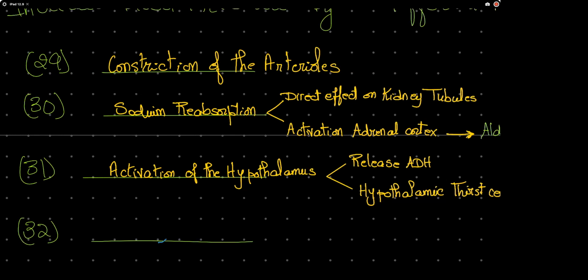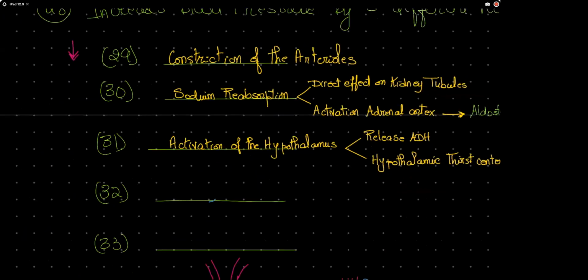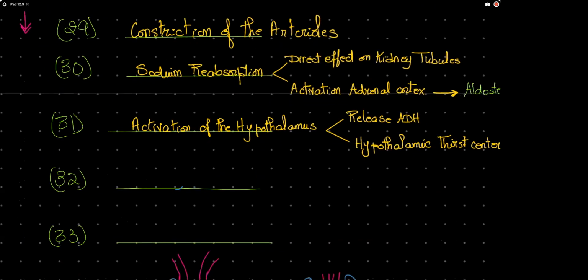Can you remind me what's another mechanism of action of angiotensin II by which it increases the blood pressure? It's a constriction of a specific arteriole. Exactly, constriction of the efferent arteriole.